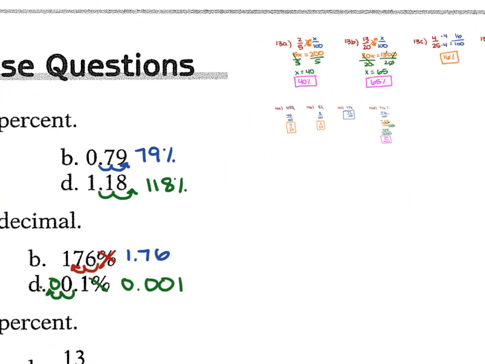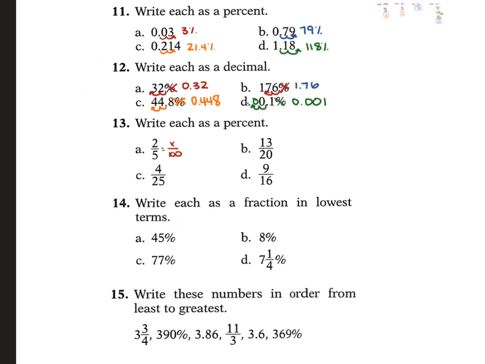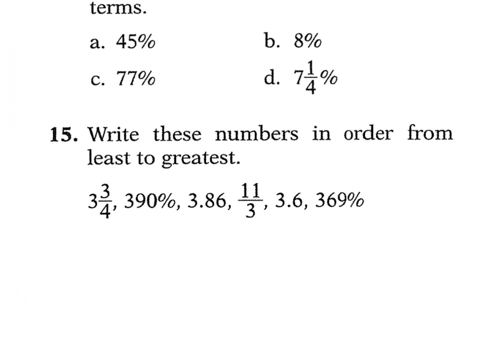For 15, we are given: write these numbers in order from least to greatest. So for the first one, we have 3 3/4, then 390%, 3.86, 11 over 3, 3.6, and 369%. So that 3 3/4 is 3.75.